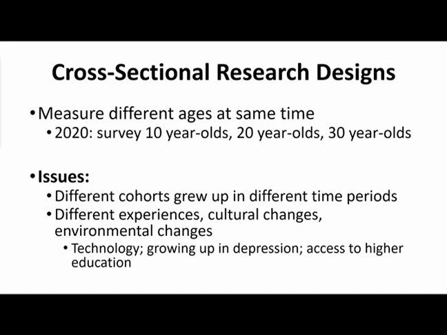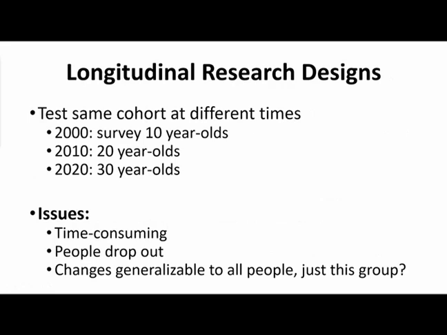Because of all of these potential confounds, because of all of these other variables that might be responsible, we can't look at the results from cross-sectional research designs and automatically assume that the differences that we're seeing are only due to age. There could be something else going on. And that's why we have other kinds of research designs. So we can look at our second type of research design, which is called a longitudinal research design.